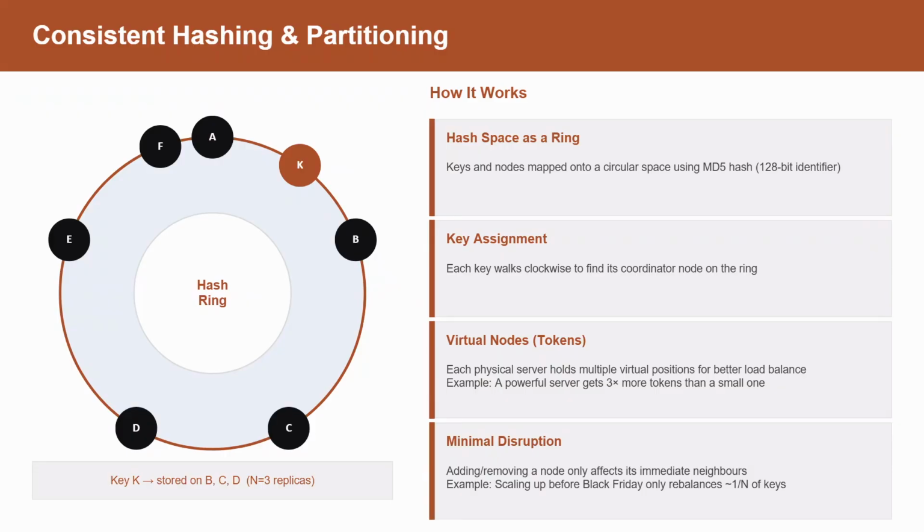In this example, key K is stored on node B, but Dynamo does not stop there. To improve reliability, the same data is copied to multiple servers. Here the data is also stored on C and D. This is called replication, and here the replication factor N equals 3.